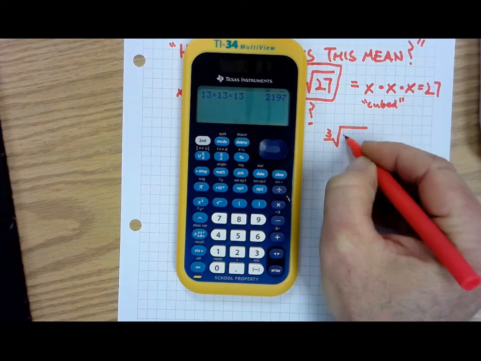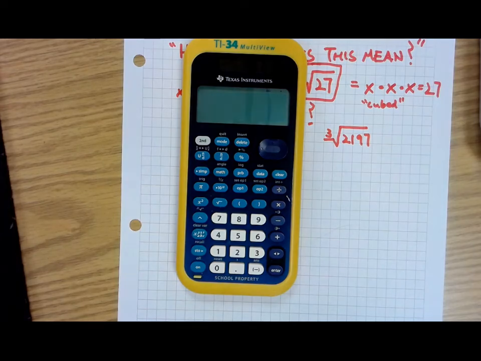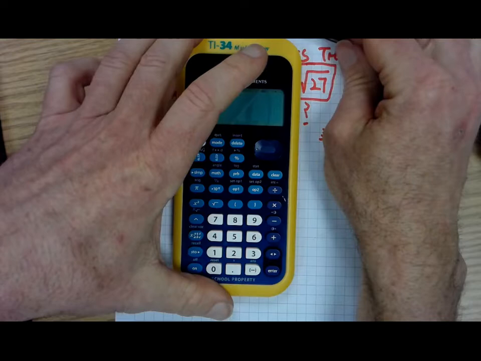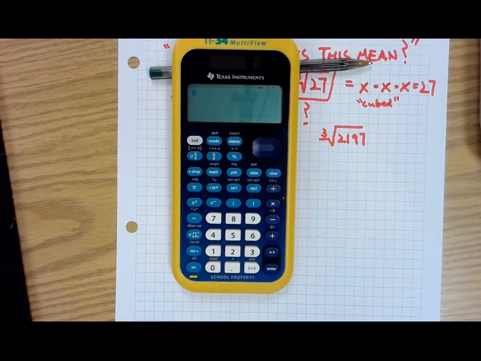What is the cube root of 2197? And then clear my calculator and give that to a student, and they think I'm a genius. Ooh. But here's how that clever student, equally clever, probably more clever than I am, could find the answer to that. We're going to go through this process one more time.